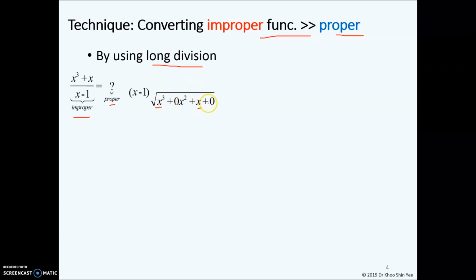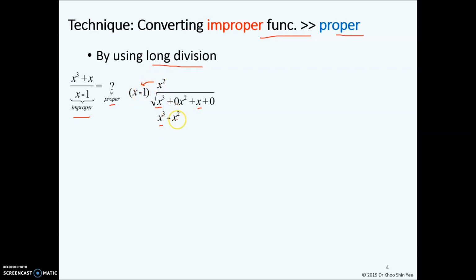You should have a polynomial function from x to the power of 0, which is the constant, and then x squared, x to the power of 4, x to the power of 3. So you divide it or factor it with respect to x minus 1. So we have to multiply x squared, and then you get x to the power of 3 here.